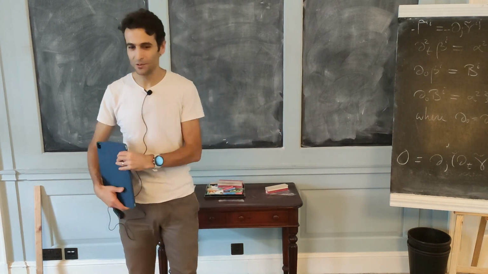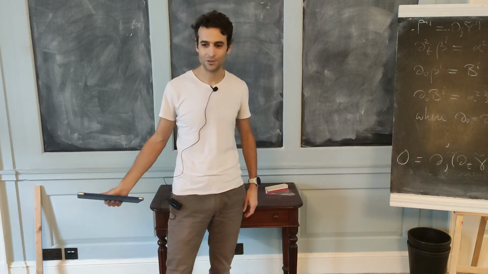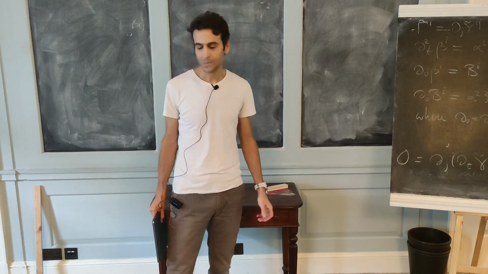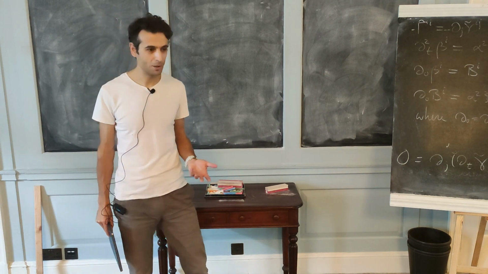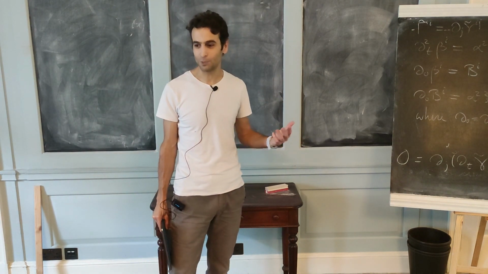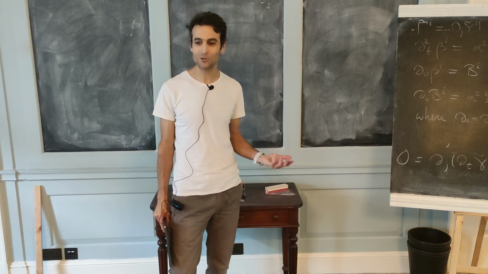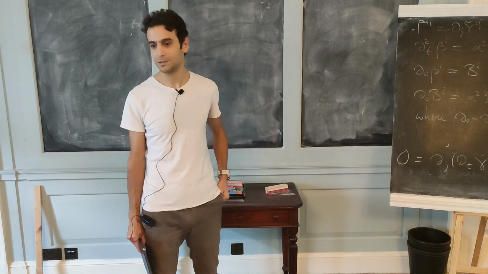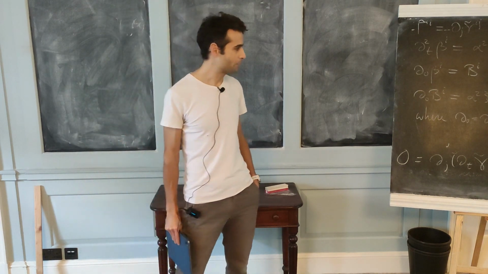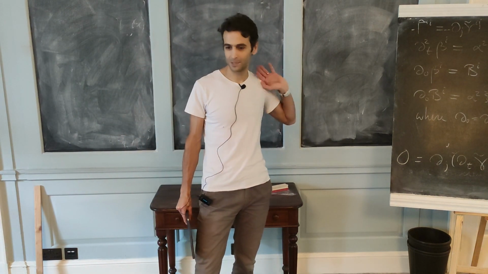I'm not aware of any other choices that are used. It doesn't mean that they don't exist. It's just that when people found that this worked for the problems they were interested in, like black hole binaries or neutron star binary mergers, then people just stopped looking. Okay, this works, then we're done.